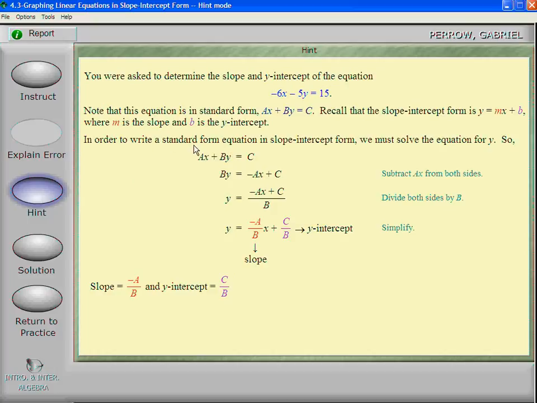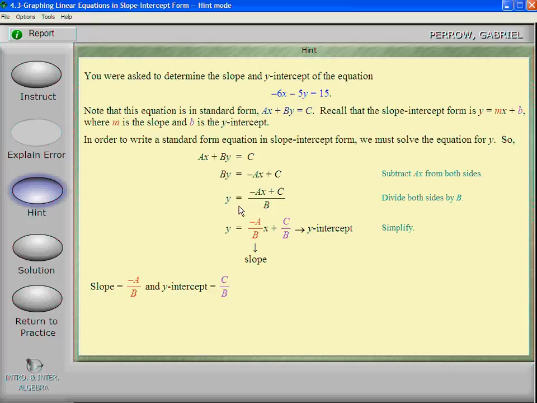They're saying you have a standard form equation here, and you want to write it into slope-intercept form. Basically what you can do is subtract the ax from both sides. That's like adding the 6x to both sides up here, and then they say you have something times y, divide both sides by that, and then you should have y by itself.